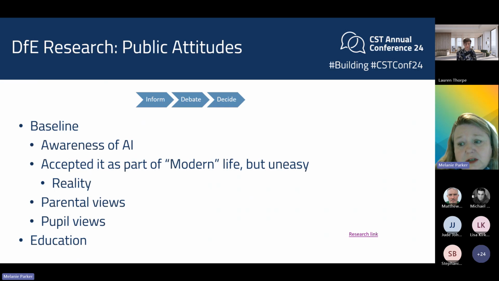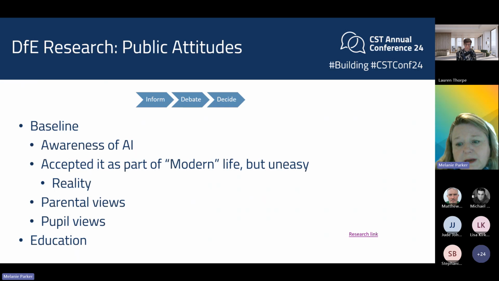So participants had used AI-powered tools, although not necessarily on purpose, not realising they were using them. So things like GPS, autocorrect, and predictive text. They were thinking it's about modern life, a little bit uneasy about the perceived invasiveness of the technology, often easier to think of the risk rather than the benefits.